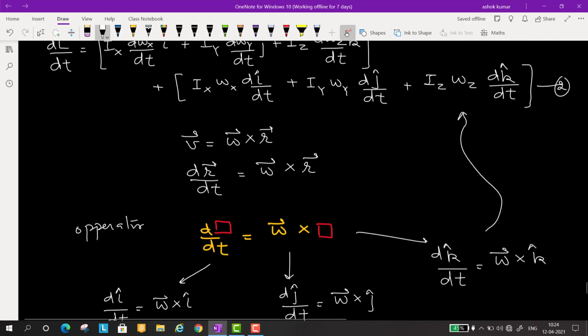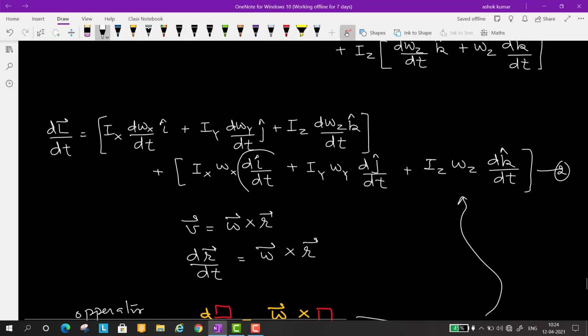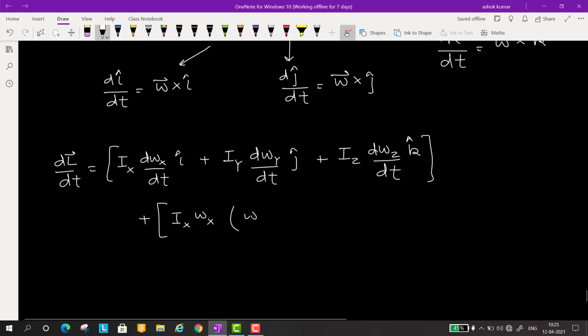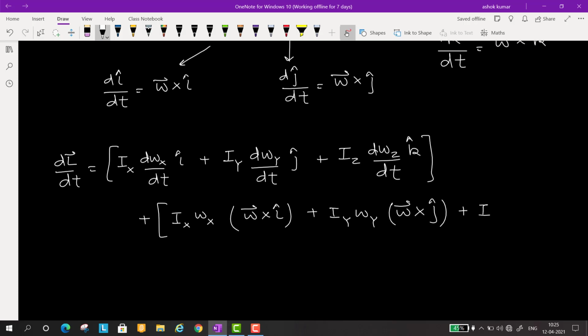So here the value of d i cap by dt will be omega cross i cap. Similarly for the next terms, Iy omega y omega cross j cap, Iz omega z omega cross k cap.